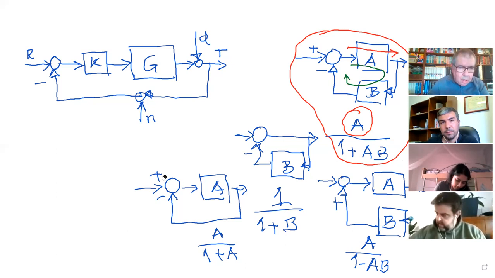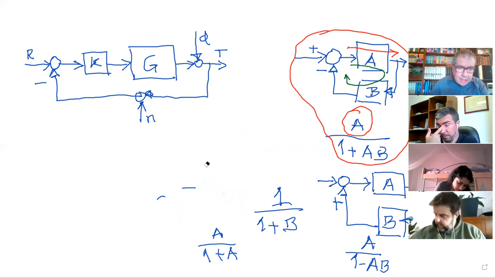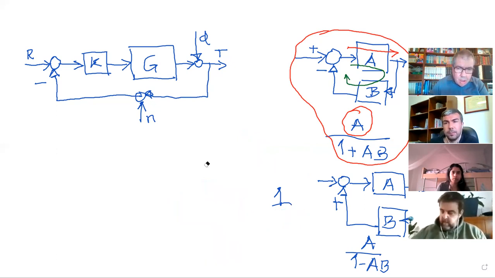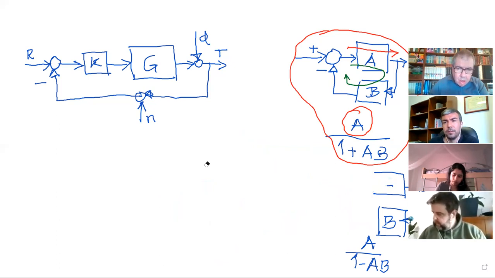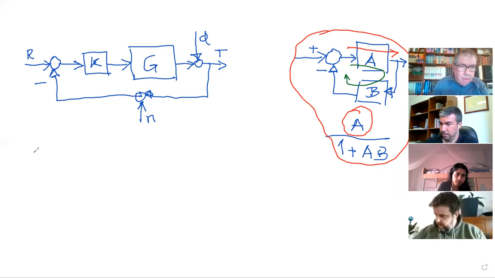Okay, now let's apply this trick, plus the fact that the system is linear, so we have superposition. So T is equal to, let me use the same color, let me be consistent with the color.